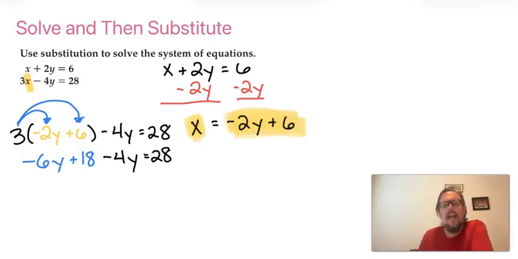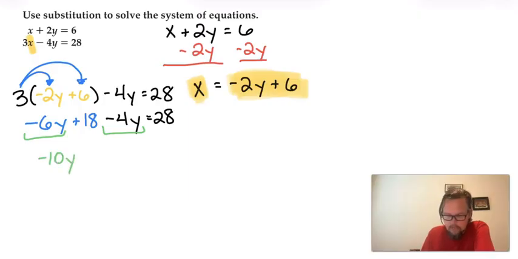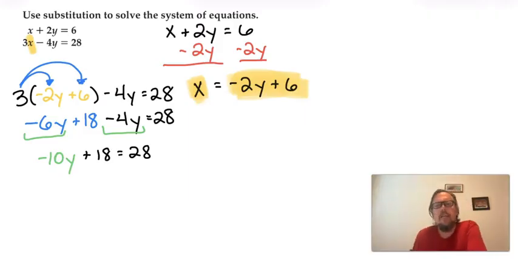So there's what it looks like after the distributive property. We've got a couple of like terms that we can combine. We can combine the negative 6y and the negative 4y together. Negative 6 minus 4 is negative 10. So we've got negative 10y plus 18 equals 28. We don't have any more like terms to combine, but we're just 2 steps away from having the value of y.